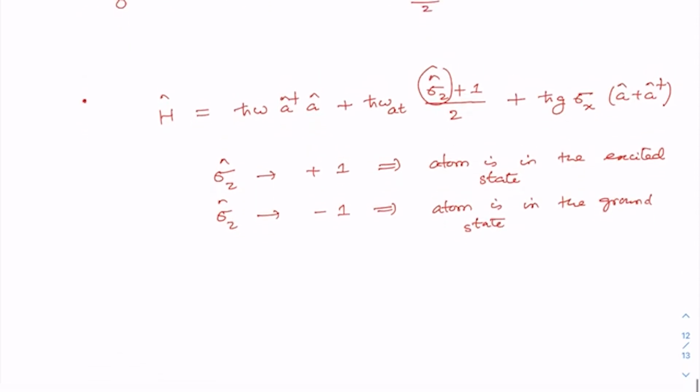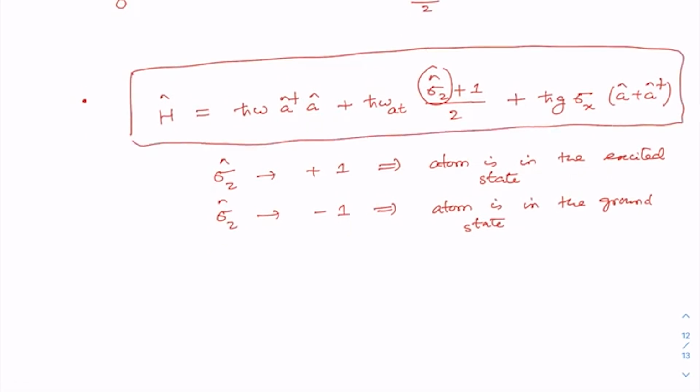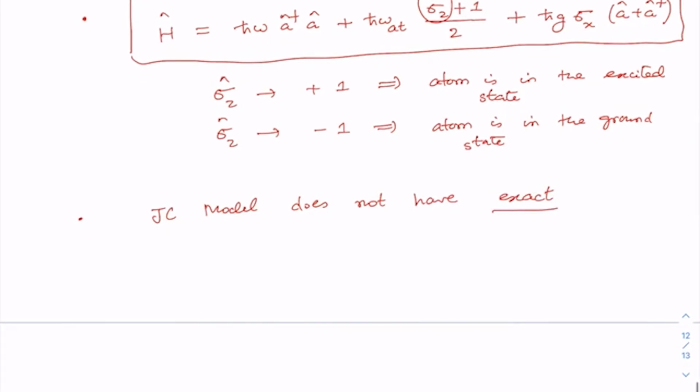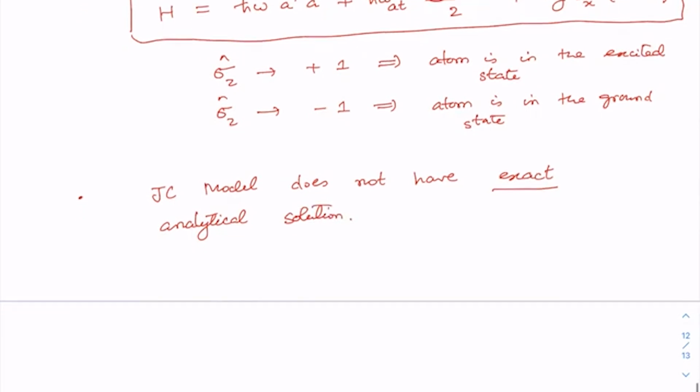Now, surprisingly, this Jaynes-Cummings model does not have an exact analytical solution, though it is such a simple model.